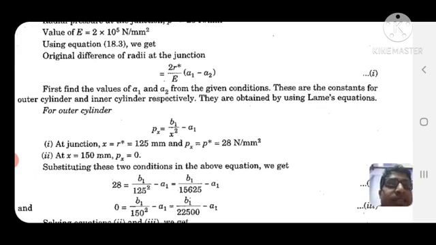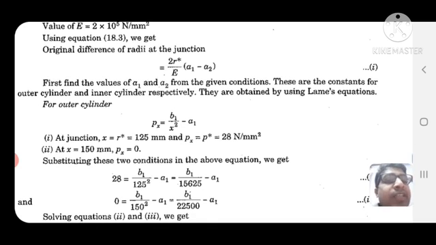Original difference of radii at junction is R star by capital E into (A1 minus A2). So first find the values of A1 and A2 from the given condition. These are the constants for the outer cylinder and inner cylinder respectively. They are obtained by using Lame's equation for the outer cylinder.